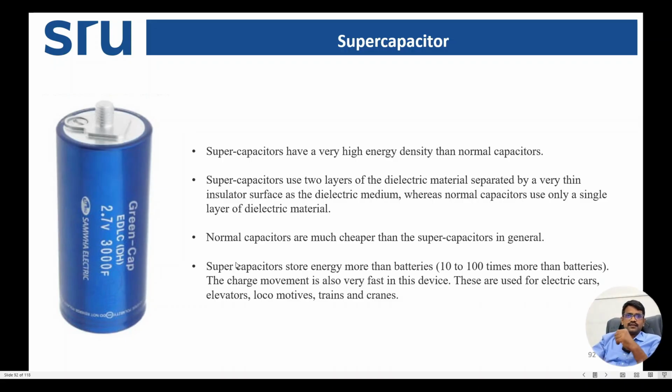I'll explain in the coming slides. And also normal capacitors are much cheaper than supercapacitors in general.